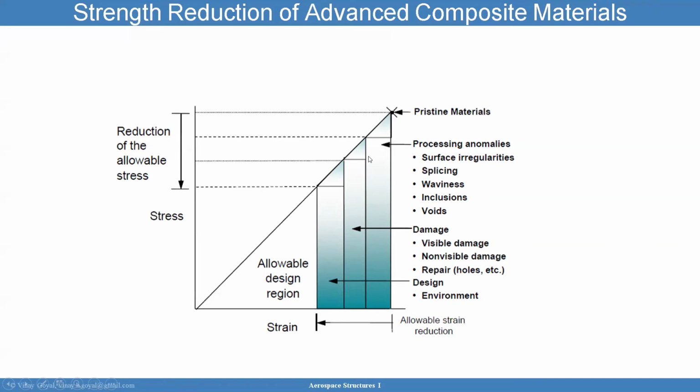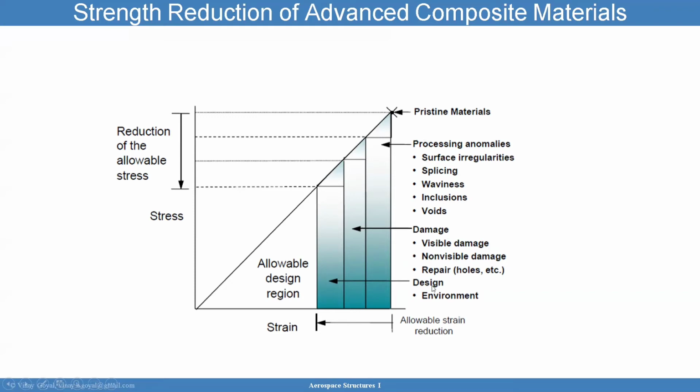And then you want to look at perhaps damage that could be visible. For example, somebody drops a tool, but you cannot see the damage. That would be non-visible damage. Now somebody drops a little bit heavier tool. In that scenario, you could probably see the damage, and that could be a problem. So that is going to cause a significant reduction in strength potentially.